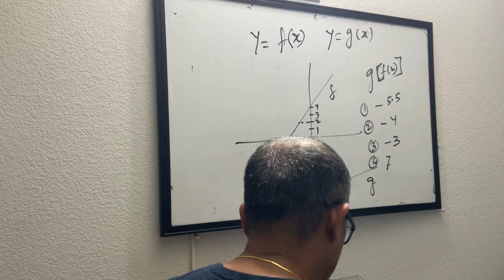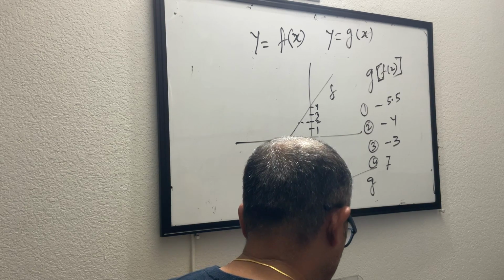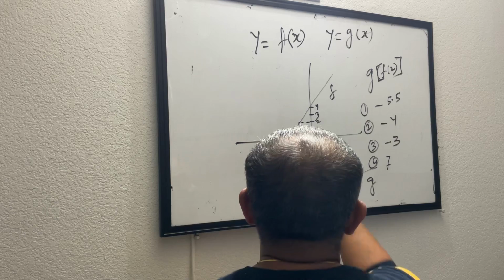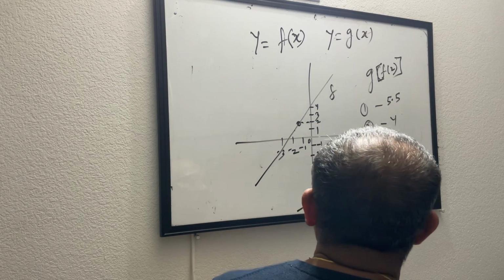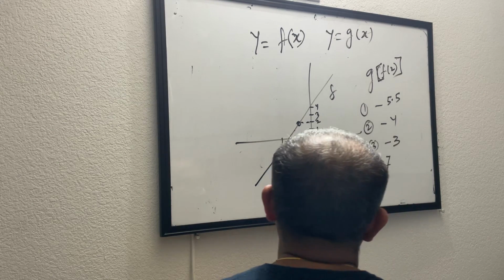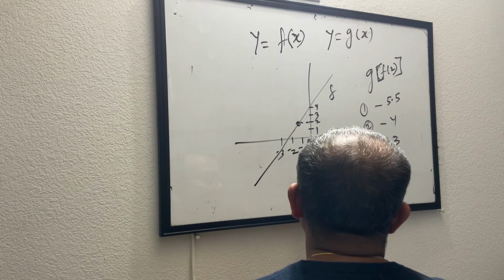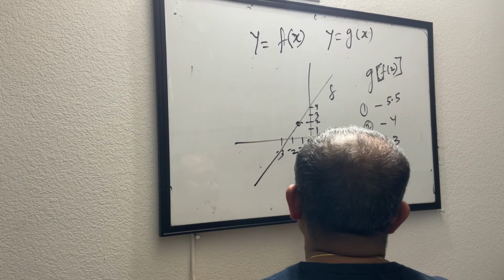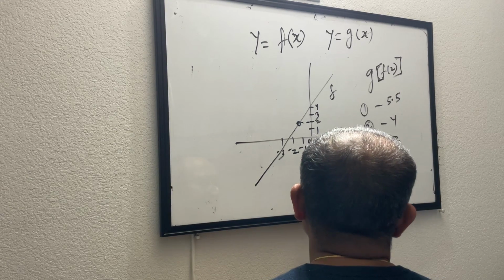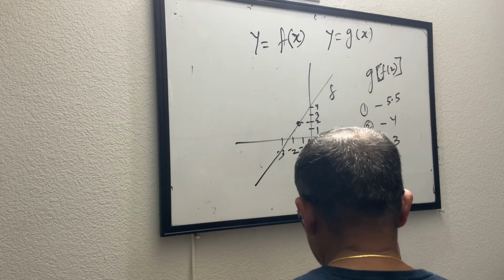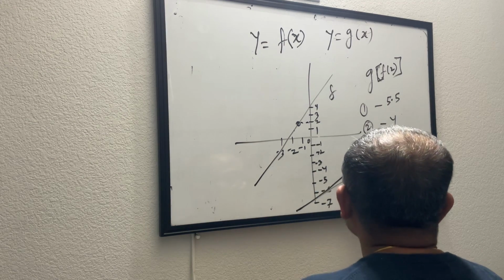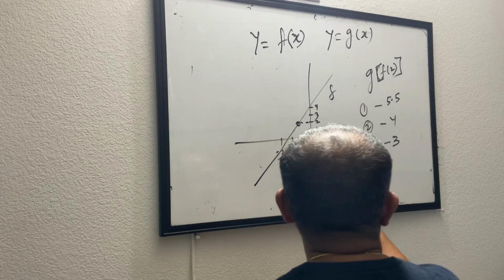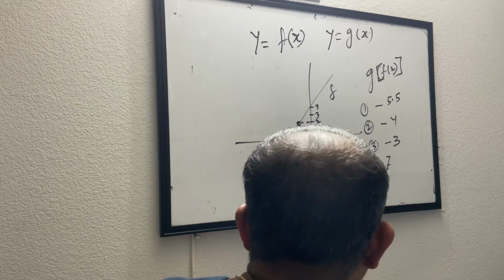No, the first one. Okay, 1/2 of 5.5. Doesn't make it better. Negative.